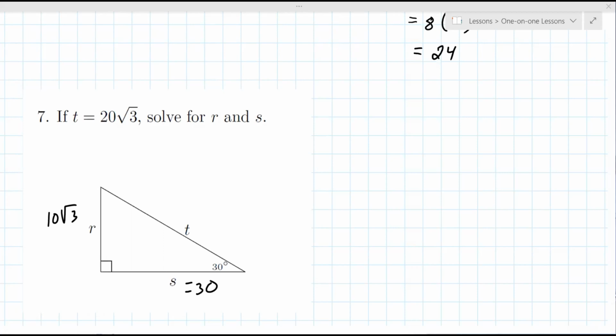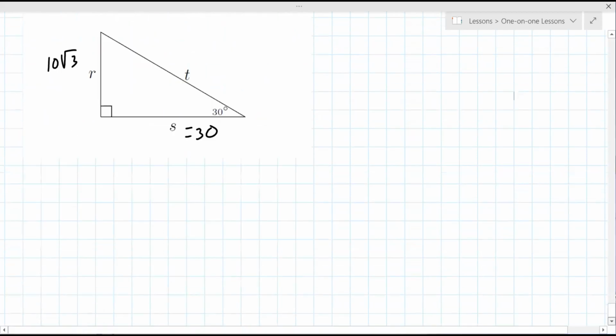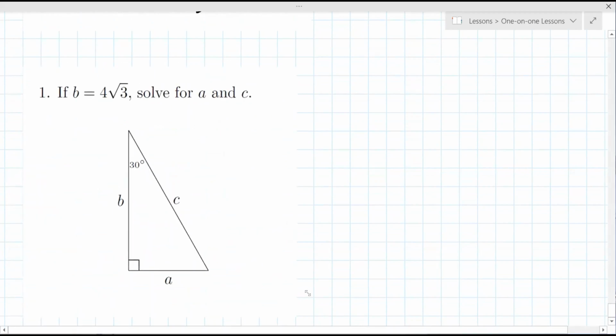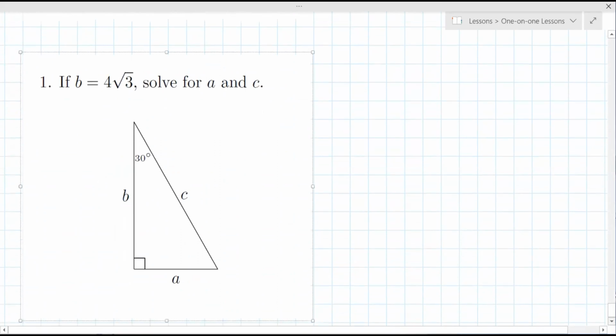Last level is when I give you the long leg. There are actually 3 different cases or levels for these problems. I either give you the short leg, hypotenuse, or long leg. So far we've done where I give you the short leg, then the hypotenuse, and now we're going to start with the long leg.